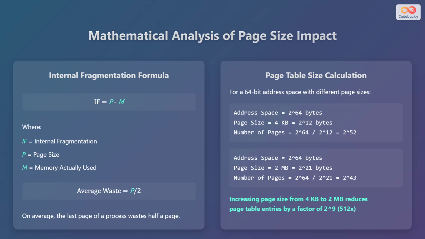If the page size is 2 megabytes, or 2^21 bytes, the number of pages equals 2^64 divided by 2^21, which equals 2^43. Increasing page size from 4 kilobytes to 2 megabytes reduces page table entries by a factor of 2^9, which is 512 times.